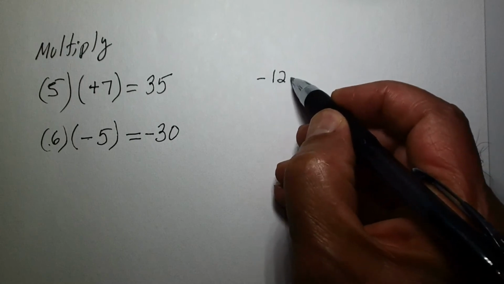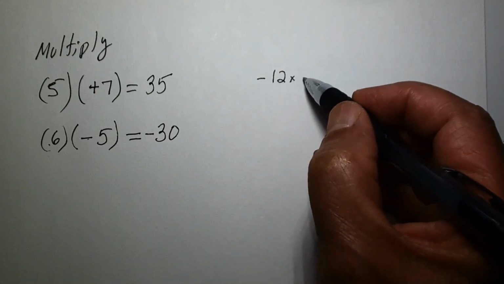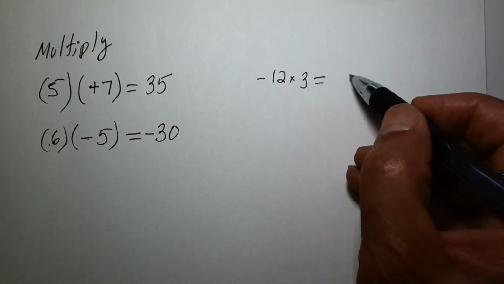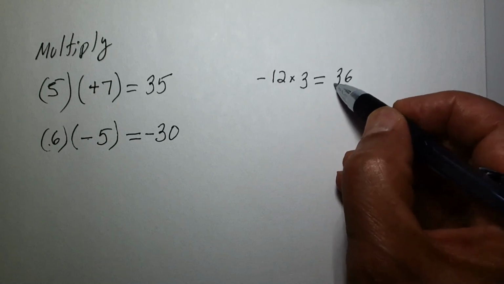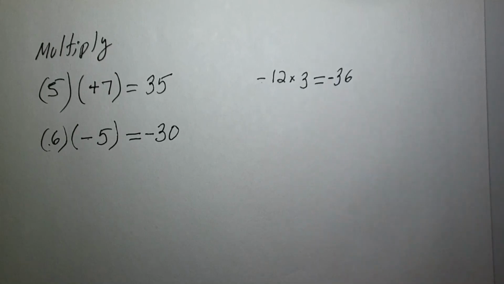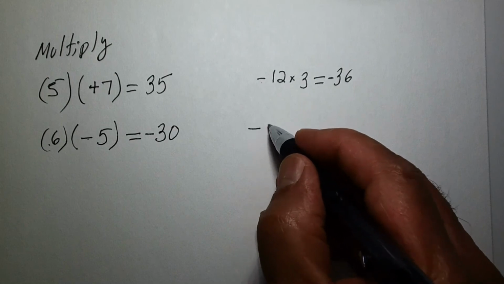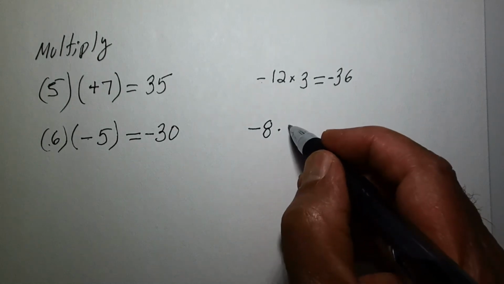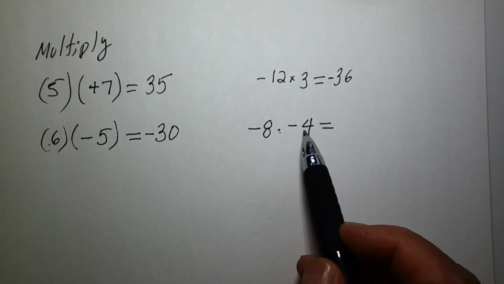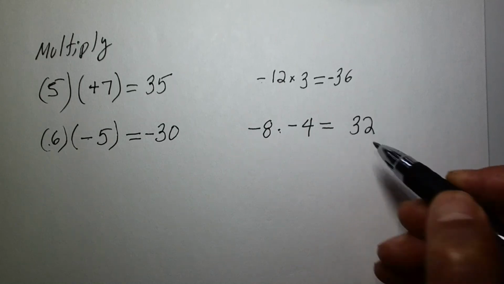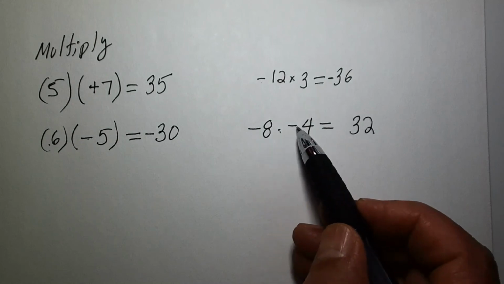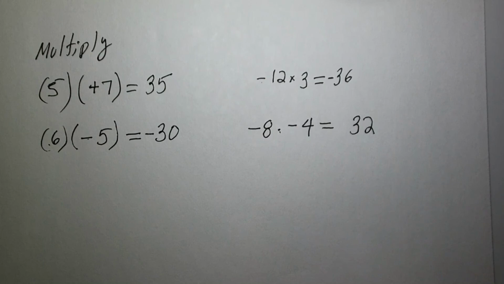Negative 12 multiplied by 3. 3 times 2 is 6, 3 times 1 is 3. Negative times positive, different sign, is negative. Negative 8 times negative 4. 8 times 4 is 32. Negative times a negative, same sign multiplied by each other, the result is positive.